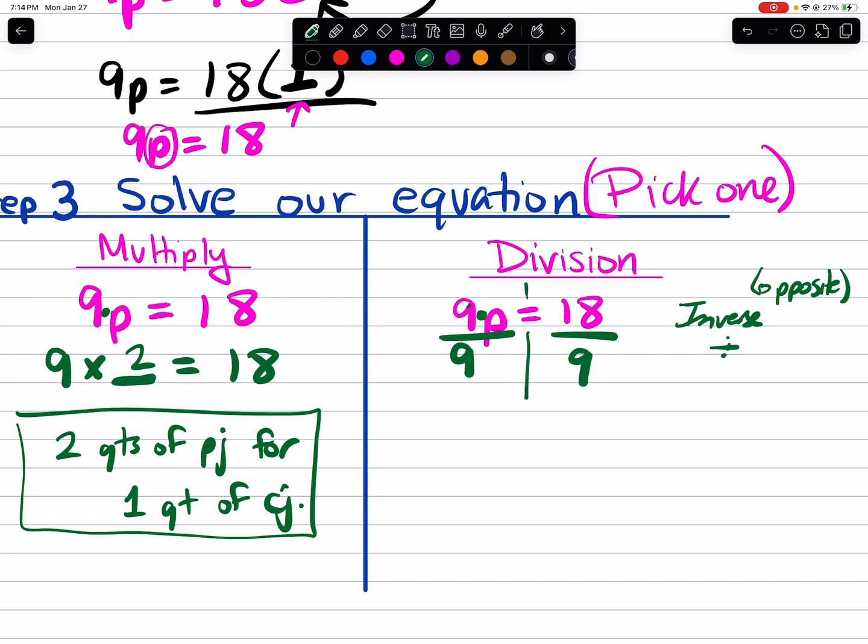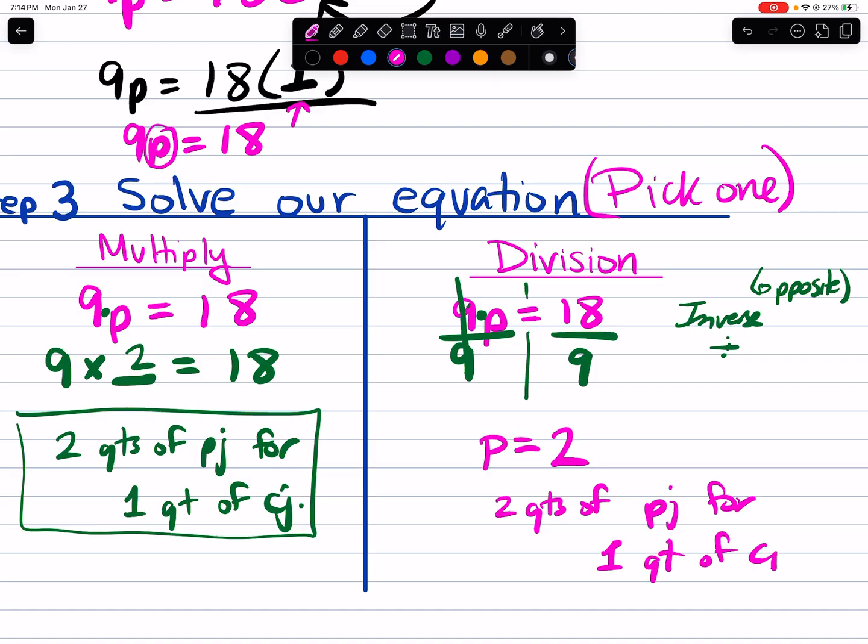Just know the equal sign separates these two sides. So 9 divided by 9 is 1. They cancel each other out. And then you're left with P is equal to 18 divided by 9, 2. So that means, again, 2 quarts of papaya juice for 1 quart of carrot juice.